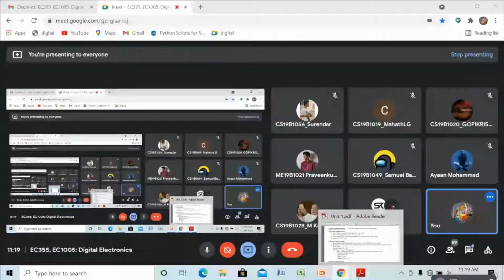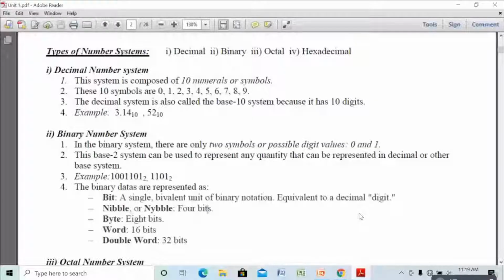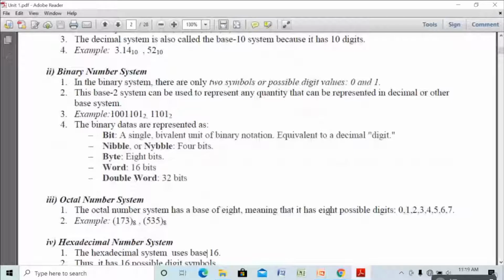So the next one is the octal number system. In this number system, it has 8 elements from 0 to 7. With these numbers 0 to 7, we can represent any number. Next one is hexadecimal. Its base is 16.